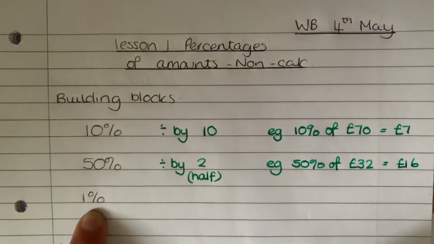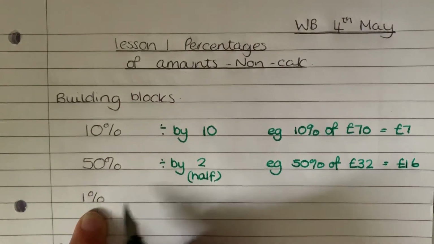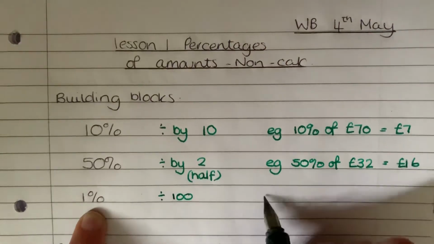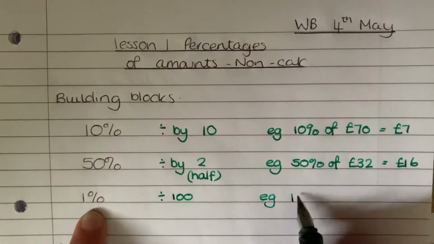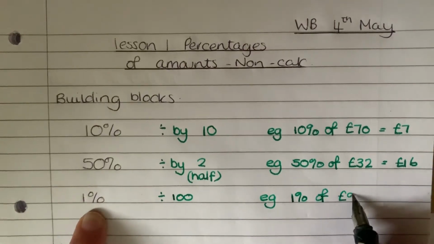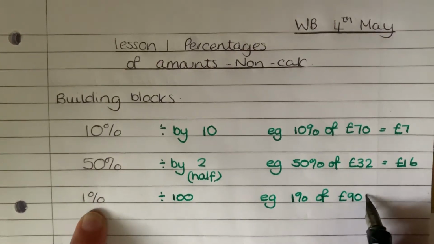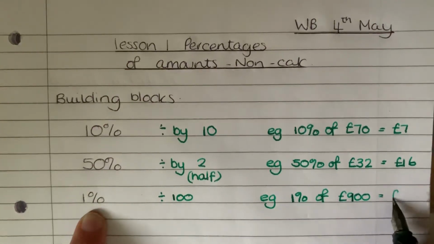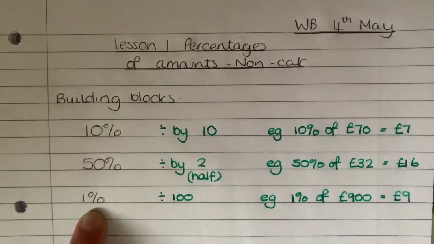And then to find 1%, we would divide by 100. So for example, I would like 1% of £900. Do 900 divided by 100, which would be £9. So there are the building blocks.